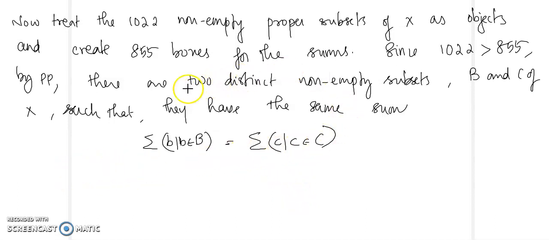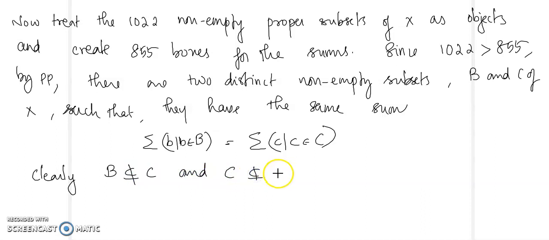B and C are 2 different subsets, so B and C are 2 distinct non-empty subsets, and B is not equal to C. So B cannot be contained in C and C cannot be contained in B, since neither is a proper subset of the other. So clearly B is not a proper subset of C and C is also not a proper subset of B.